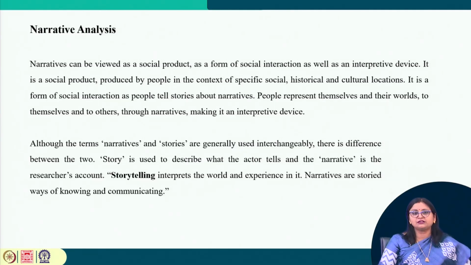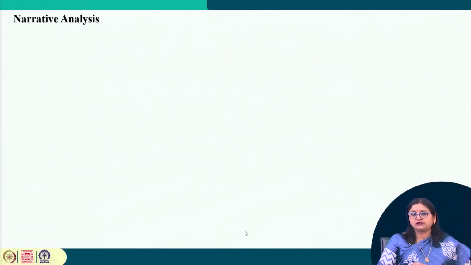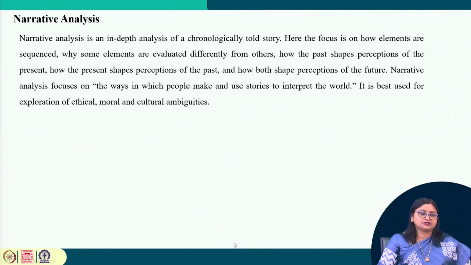So, storytelling interprets the world and experience in it. So, narratives are stories, ways of knowing and communicating about something that is asked by the researcher.